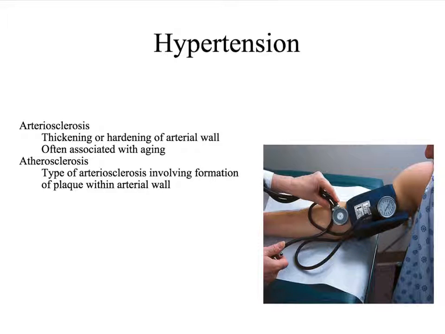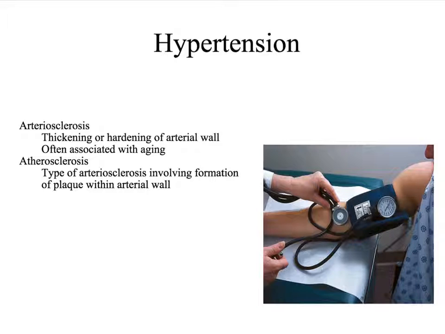Patients who have developed arteriosclerosis or atherosclerosis are at risk for developing hypertension, which is increased pressure within the vessels of the cardiovascular system. Mechanisms that influence blood pressure are the cardiac output, so that means the arterial blood pressure that is needed to produce adequate cardiac output from the left ventricle, and then the total peripheral vascular resistance.